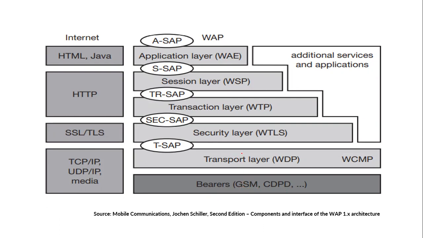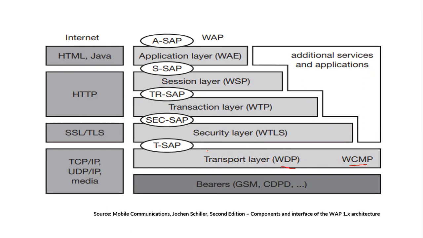WAP uses this bearer service, and there is no interface defined for this. Then we have the transport layer. In the transport layer, there are two main protocols, WDP and WCMP. WDP stands for Wireless Datagram Protocol and WCMP stands for Wireless Control Message Protocol.